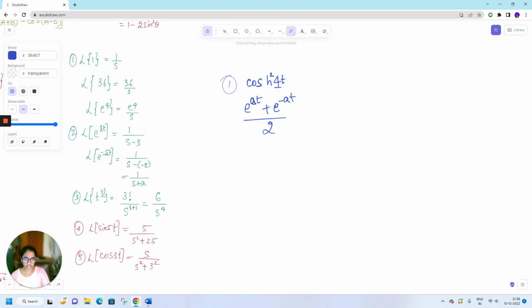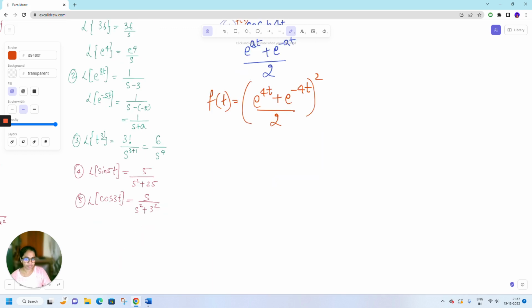I have 4, right? So let me rewrite this as e to the power 4t plus e to the power minus 4t divided by 2, the whole square. I'll take this as f of t. The given question, if I take it as f of t, this is what I would get.